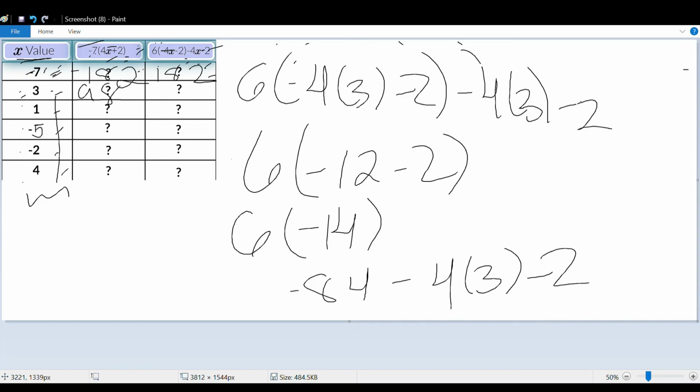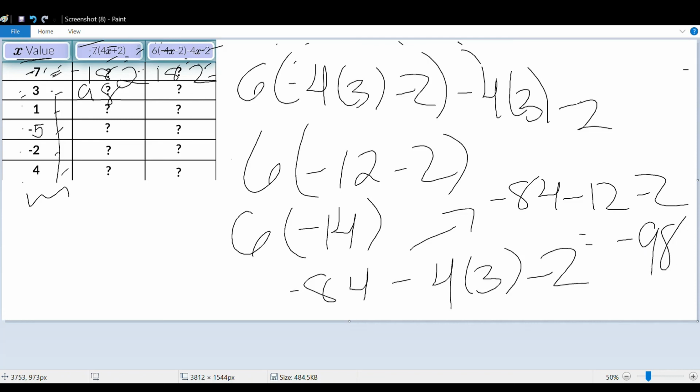That is 84 minus 12 minus 2, which gives us a grand total of -98. Okay, so we get a -98 here. That means we must have missed something, actually.